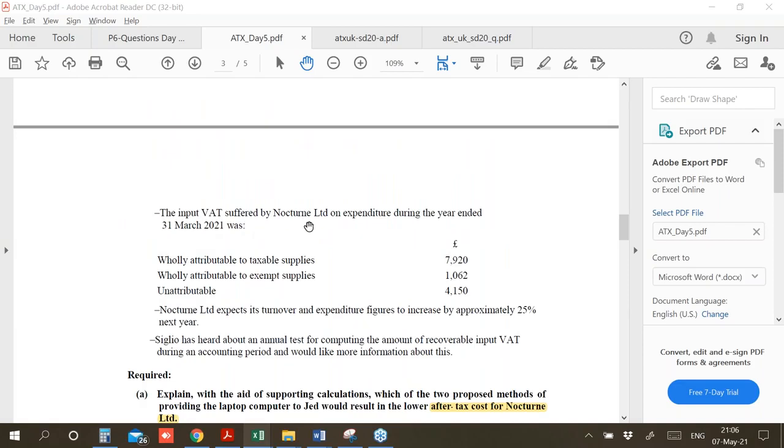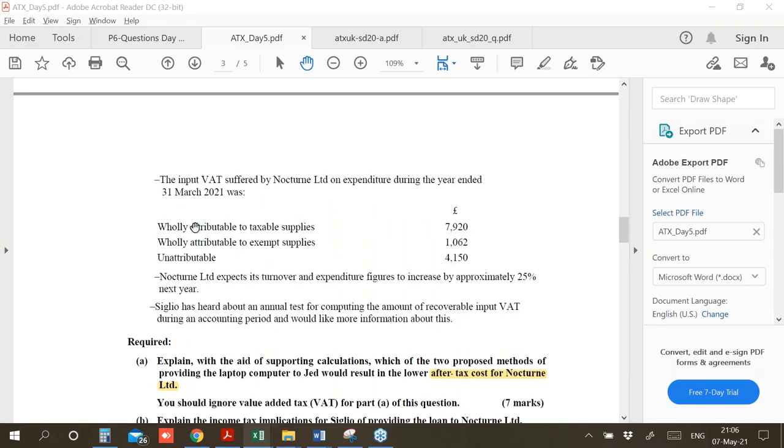These are the input VAT positions suffered by Nocturne Limited on expenditure during the year. Wholly attributable to taxable supplies is 7920, to exempt supplies is 10662, and unattributable is 4150.